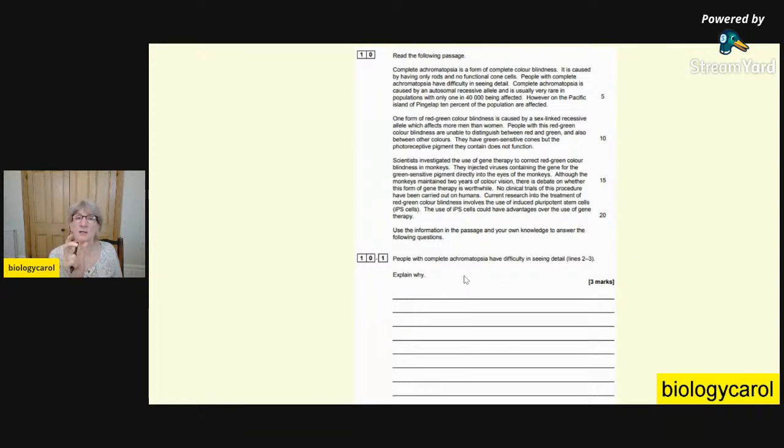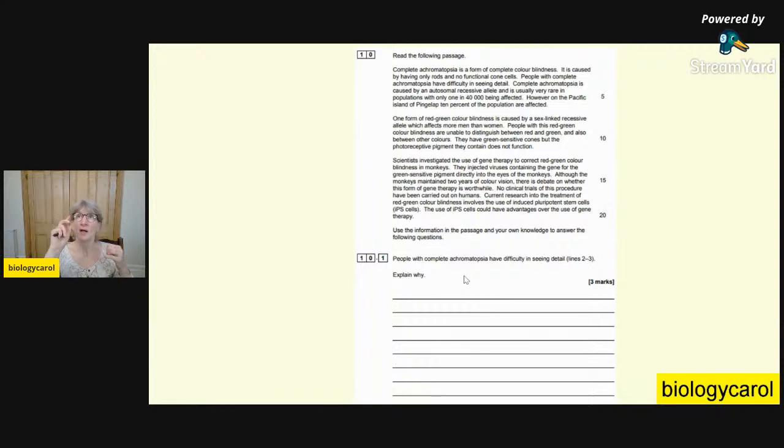If their cone cells don't function, if you remember, the cone cells are connected to one bipolar neuron for each cone cell. This is different for rods. Rods have many rods connected to one bipolar neuron.